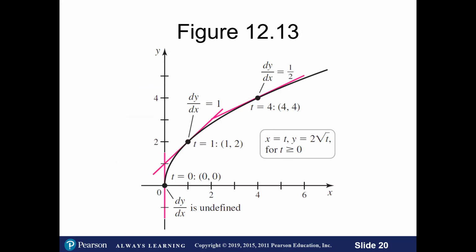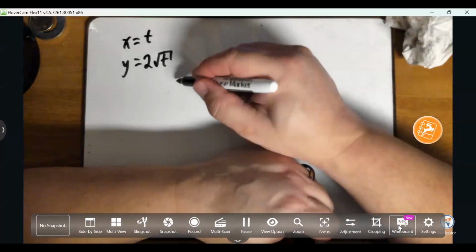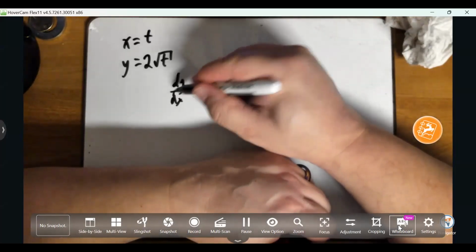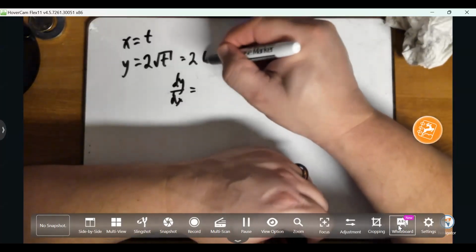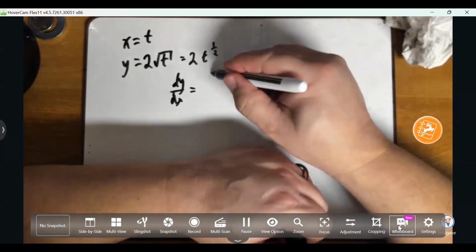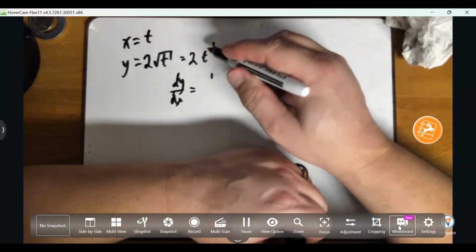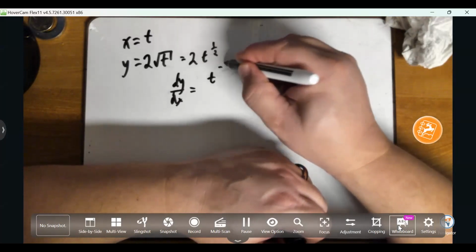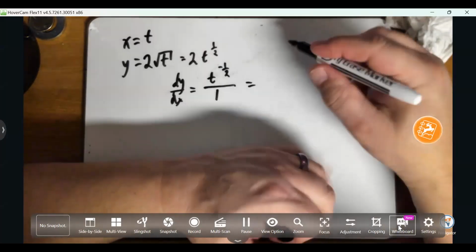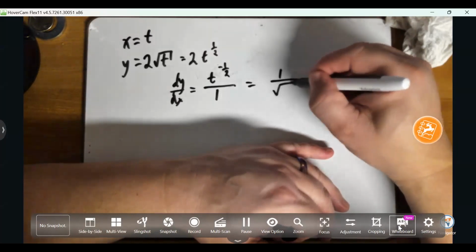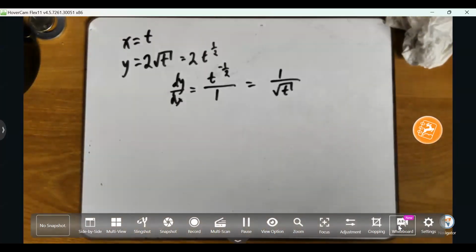Well, let's go ahead and calculate dy dx. Okay, y is 2t to the 1/2, right? So that's going to be 1/2 times 2, so that's just t to the negative 1/2. And dx dt is just 1, so that works out to be 1 over the square root of t. That's going to be our derivative.